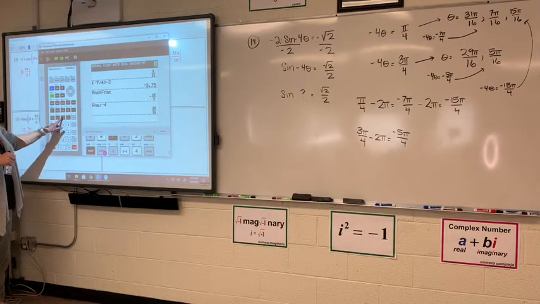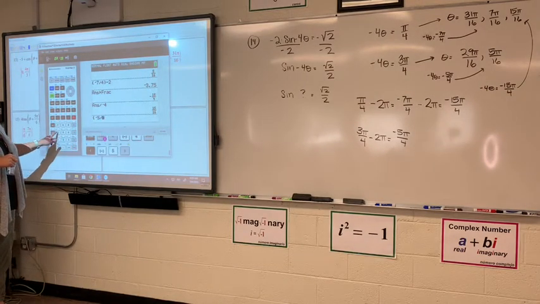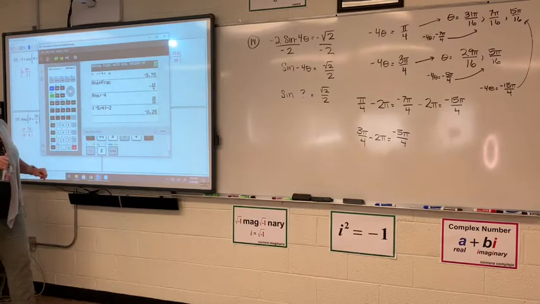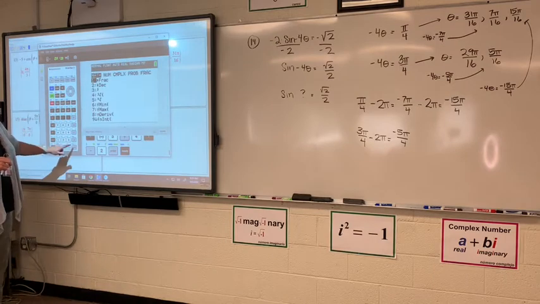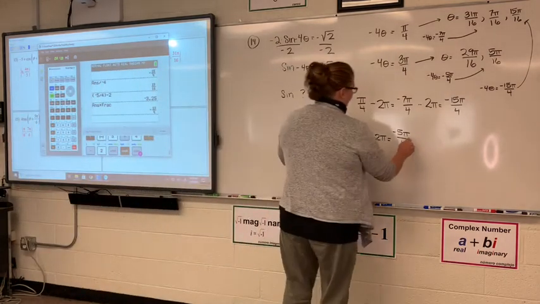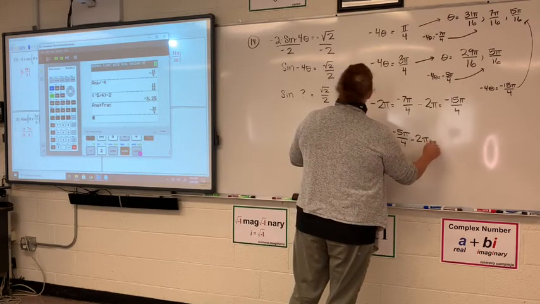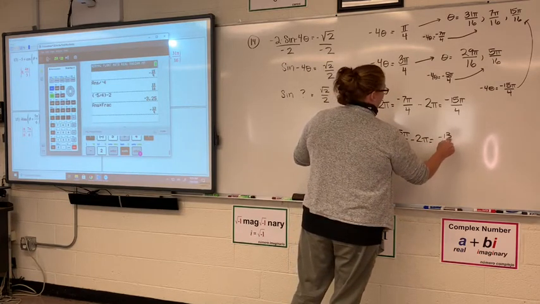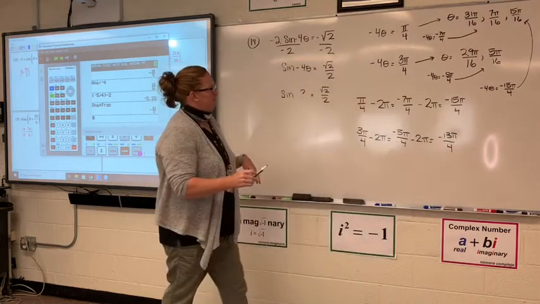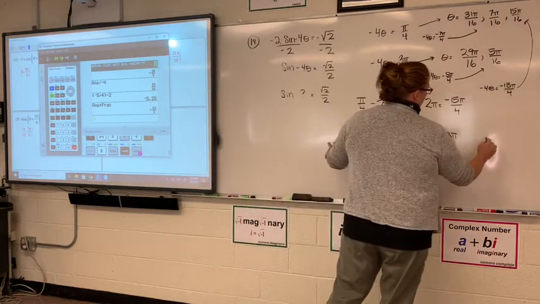So what's the next one? -5 pi over 4 minus 2 pi to get a coterminal angle first. Okay. And then what will that do?